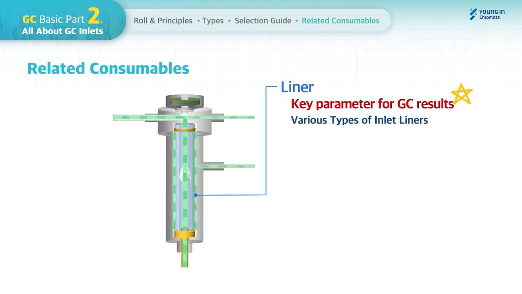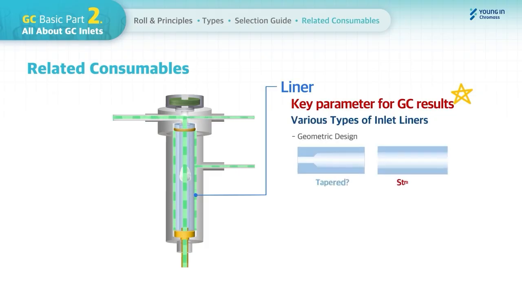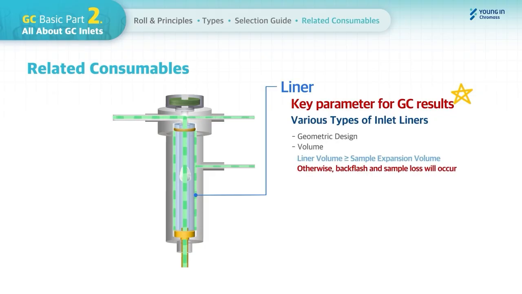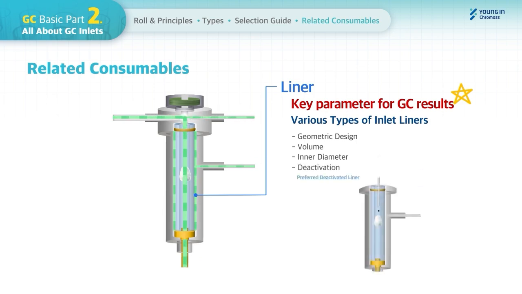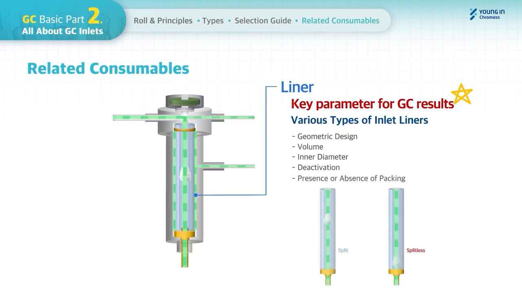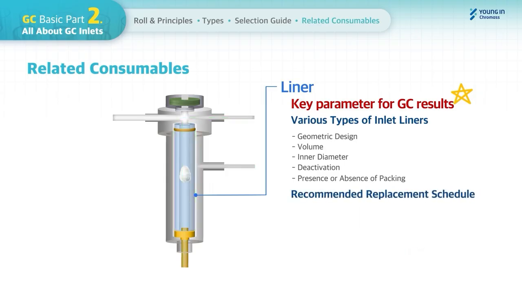There are various types of inlet liners in geometric design, volume, inner diameter, deactivation, and the presence or absence of packing. The inlet liner is recommended to inspect daily and replaced every month or when any related symptoms occur.